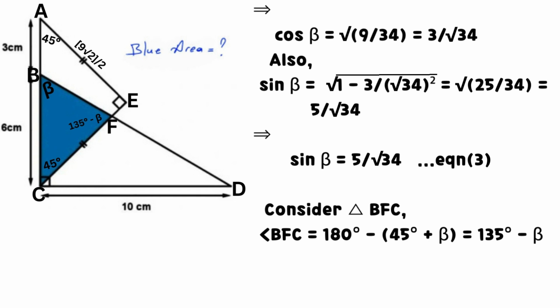Consider triangle BFC. Angle BFC equals 135 degrees minus beta.